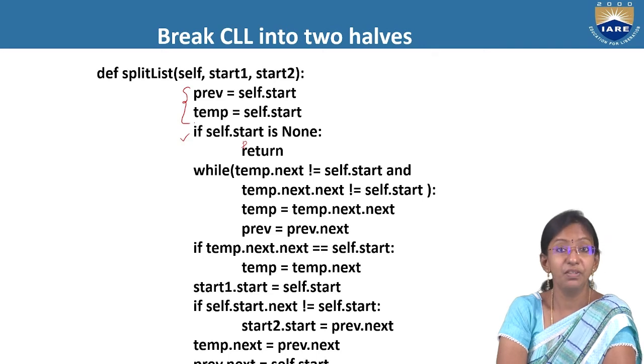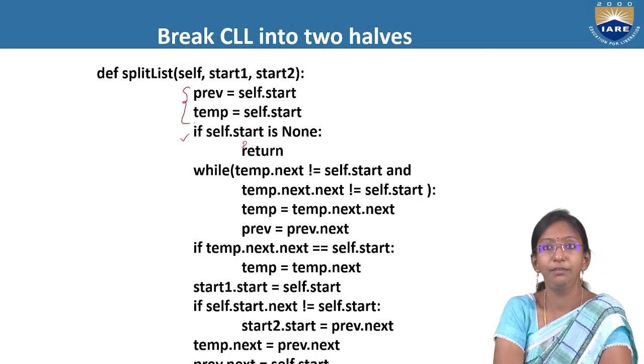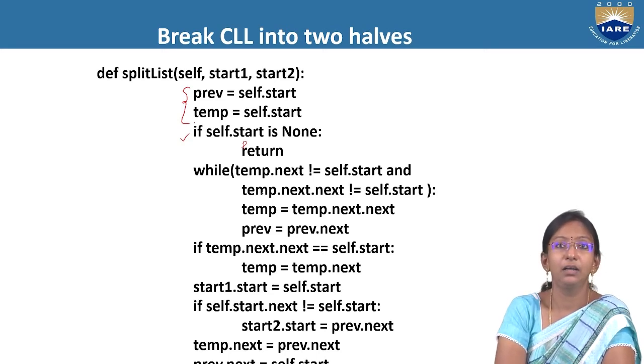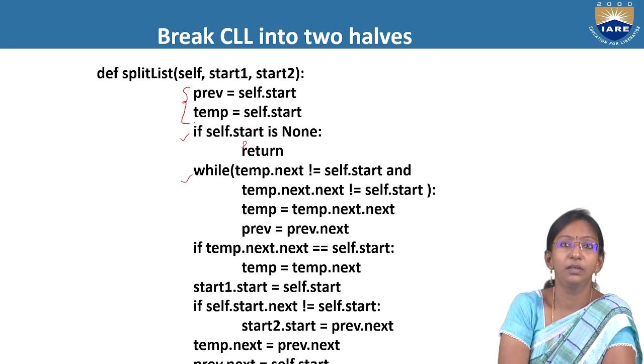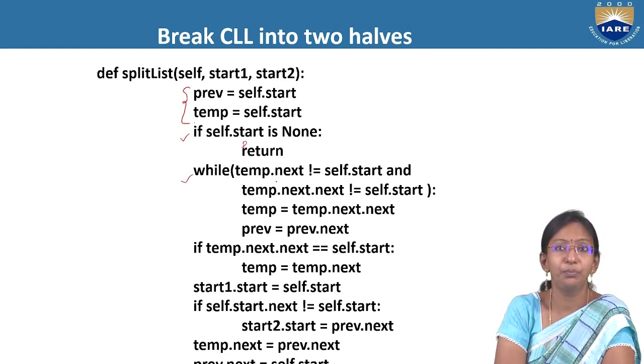If this is not the case and you have a handful of elements, then use this while loop where I'm going to check that temporary next is not start, and temporary next next is also not the start, that is the last two nodes, right?